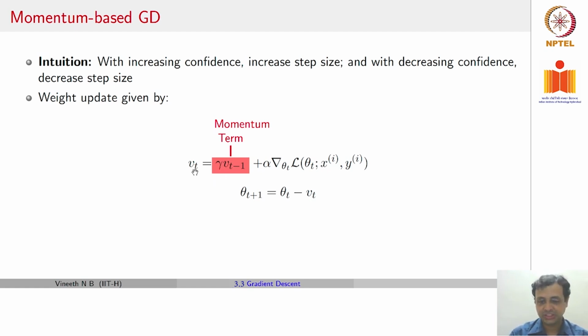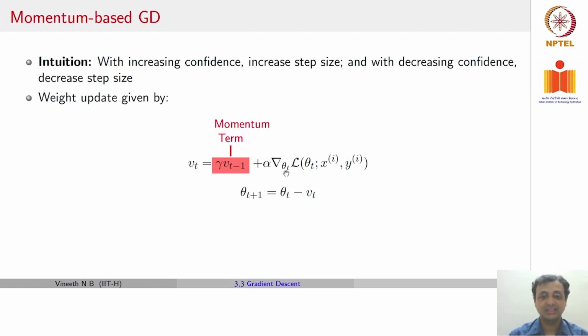Vt, which is the change of parameters that you're going to have in this time step, is given by gamma times Vt minus 1, what was your change in weights in the previous time step, weighted by a particular coefficient gamma, plus the rest of it is standard gradient descent: alpha, the learning rate, times the gradient of the loss with respect to the parameter theta.